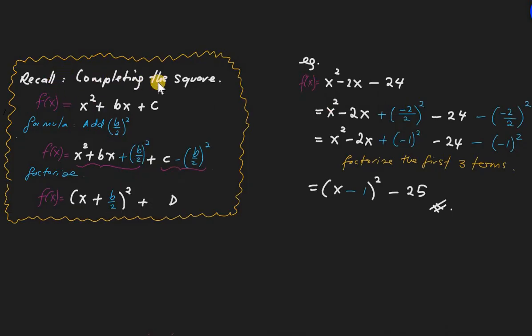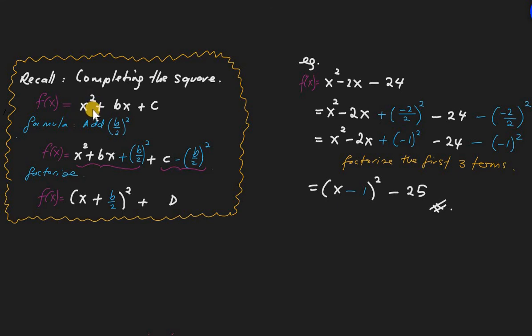So let me share with you the technique to complete the square. We were able to do the previous question E just now if we managed to change this x square minus 2x minus 24 into a format of x minus 1 square minus 25. To do completing the square, there are various ways, but this is one simple way. Completing the square is provided that the coefficient of x squared is 1.